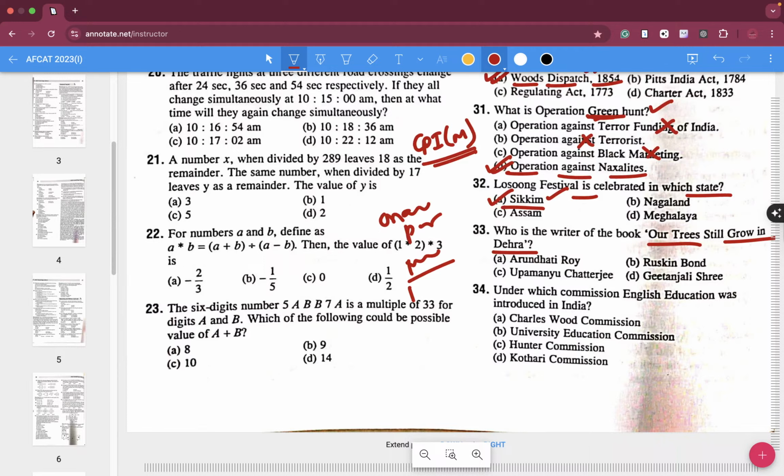Whenever you come across something related to Dehradun, the first person that you should remember is none other than Ruskin Bond. This Ruskin Bond is more than 90 years of age as of now.